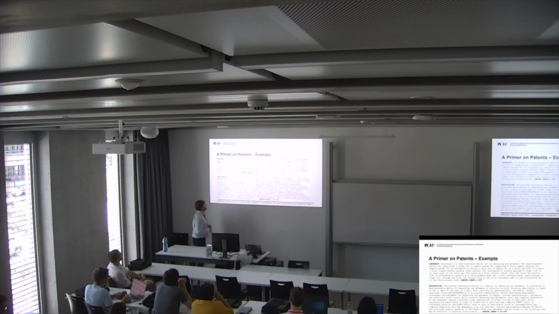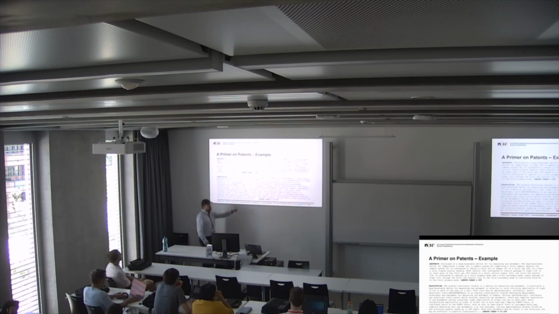What does this patent look like? You have an abstract which is short, 700 characters. You can use that in a normal language model like BERT, which has a 512 token input length. This works well.